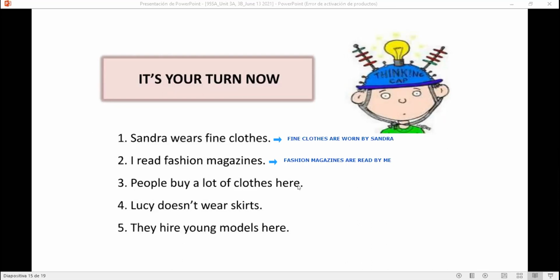Thank you. Let's move to number 3. How would it be? ¿Cómo nos quedaría en la número 3? People buy a lot of clothes here. Vamos a ver.